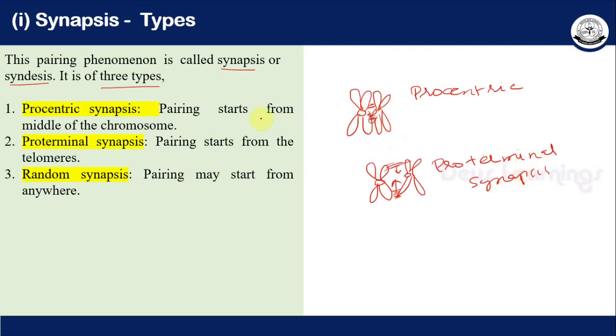If it starts at the center part, we call them procentric. If it starts from the terminal region, that is the telomere region, we call them pro-terminal synapsis.